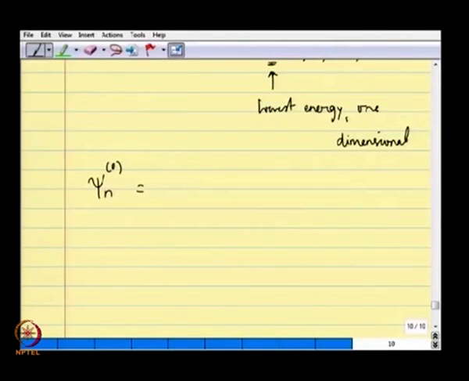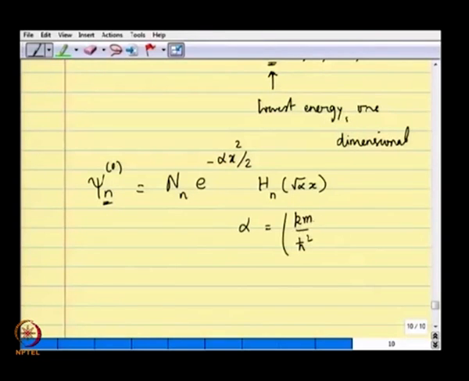The wave functions are given by a general formula with a normalization constant N, which is dependent on n, times an exponential minus a constant alpha x square by 2, and the Hermite polynomials of the argument root alpha x, where the constant alpha is a function of the harmonic oscillator parameters, namely the mass and the force constant, and alpha is given by k m by h bar square, where h bar is Planck's constant divided by 2 pi, to the power 1 by 2.